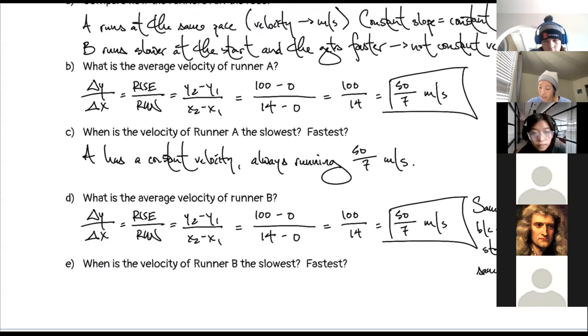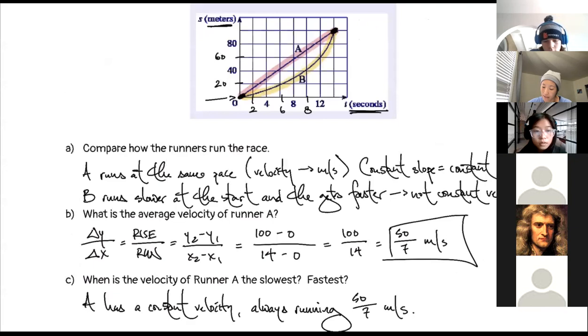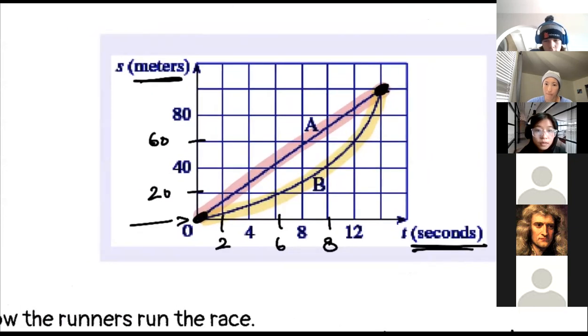And what do we think about the velocity of runner B? When is that the slowest and when is that the fastest? Maybe we can look back at this picture a little bit more carefully. When is it the slowest for runner B and when is the velocity the fastest for runner B?